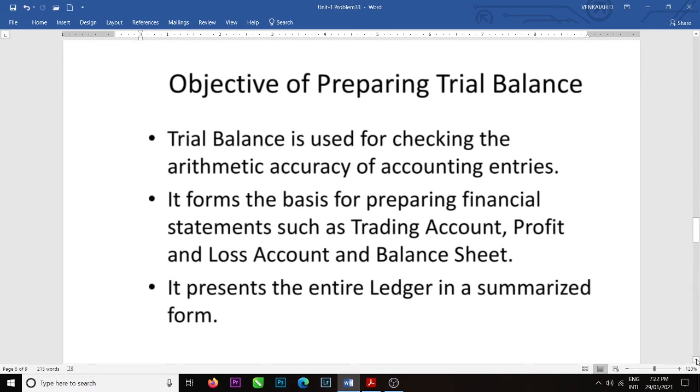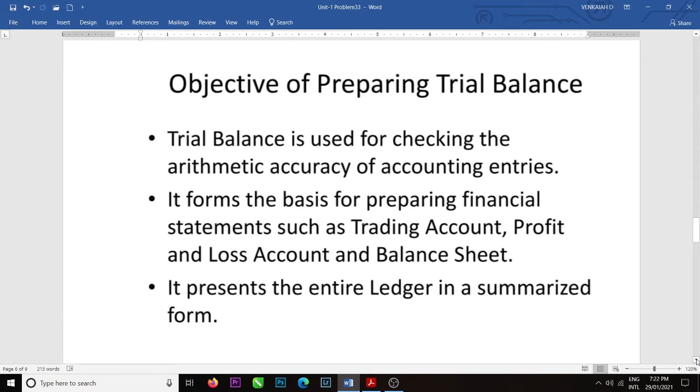For example, 20,000 debit is equal to 20,000 credit. At the end of the statement, debit total is equal to credit total. It forms the basis for preparing financial statements such as the trading profit and loss account and balance sheet.